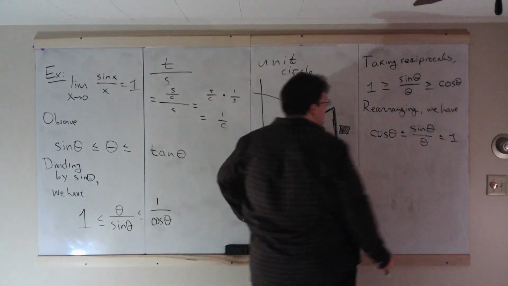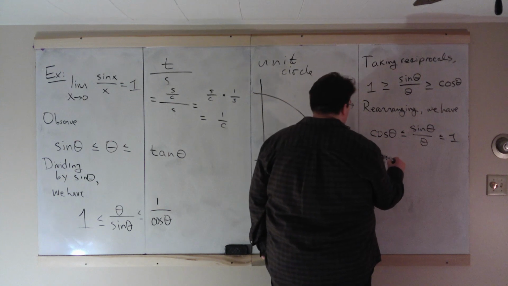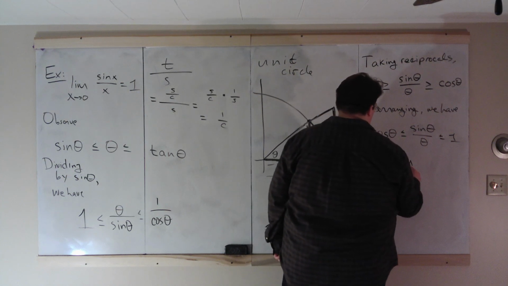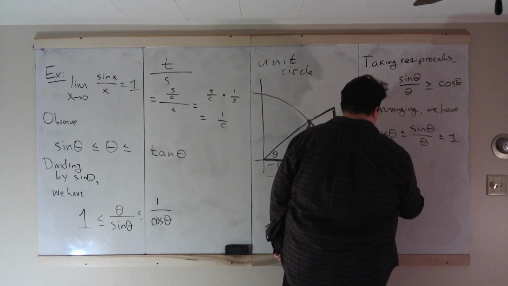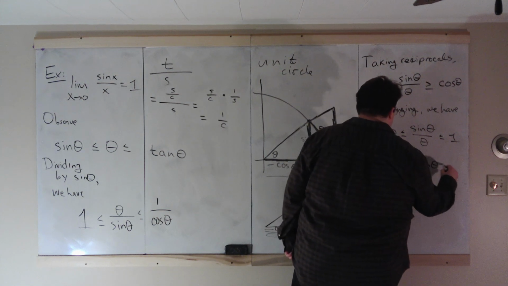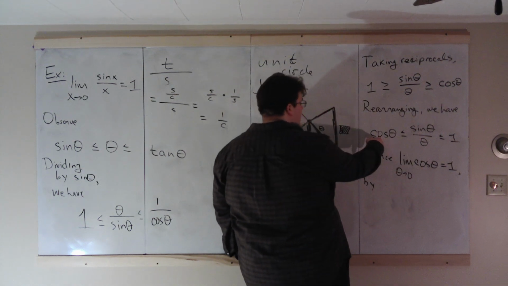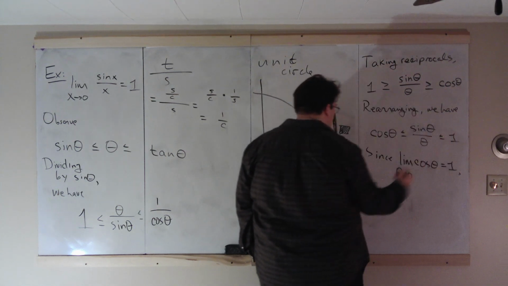And we still haven't proved what we want, but since, from our fourth example today, the limit as theta approaches 0 of cosine theta equals 1, the limit over here is 1. The limit over there is also 1.